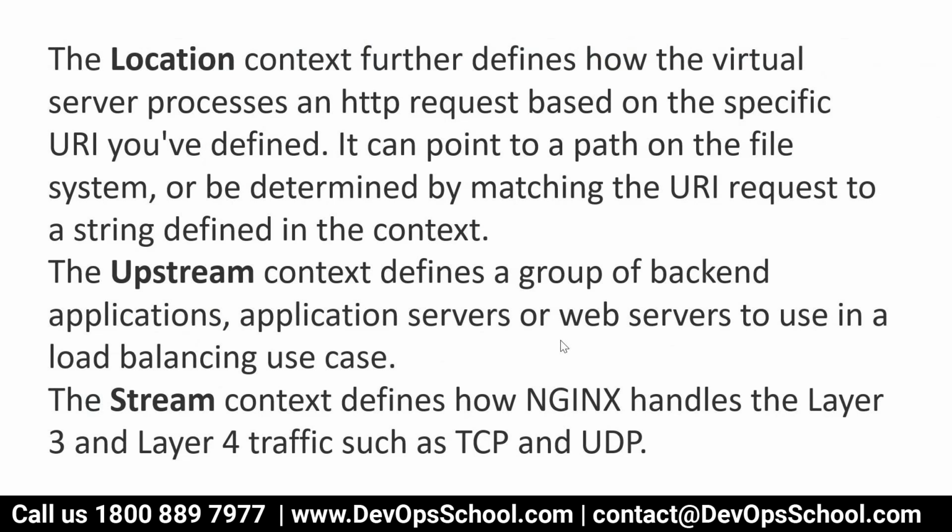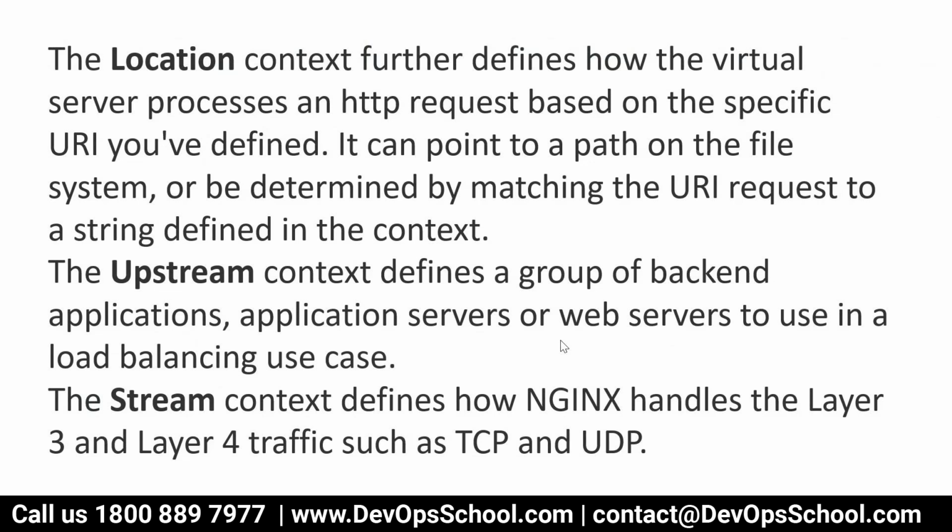It can point to a path on a file system or be determined by matching the URI request to a string defining the context. Upstream context defines a group of backend applications, application servers or web servers to use in load balancing use cases. So upstream means it will define the backend application servers or something like that.